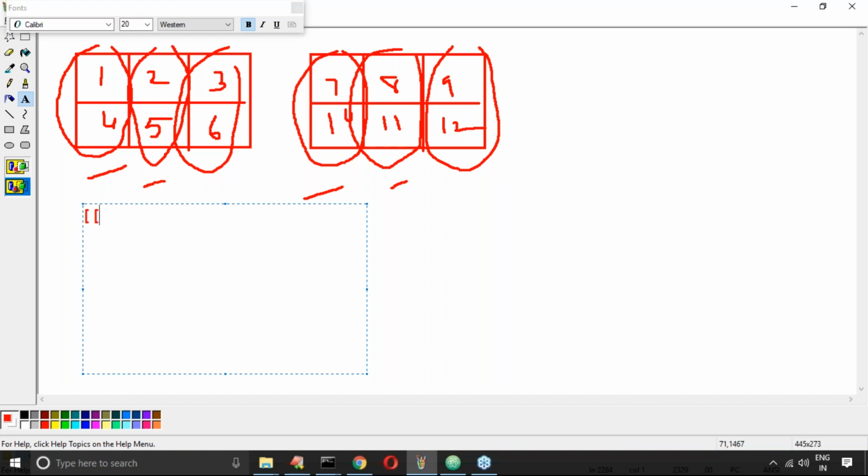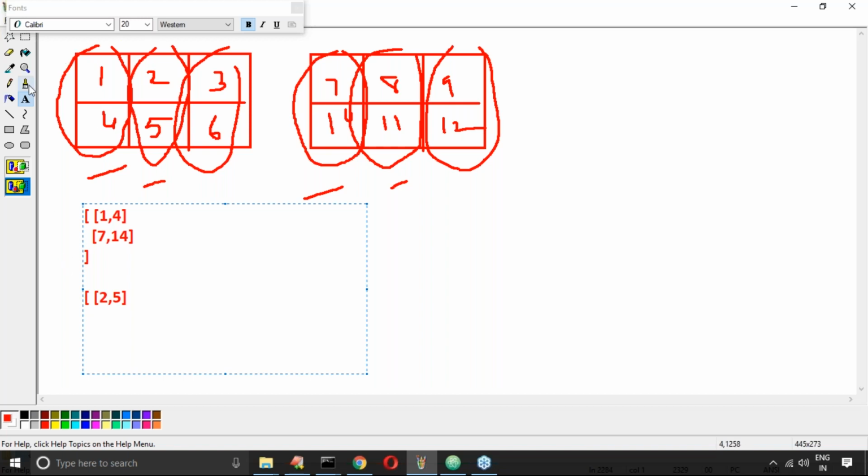Now the first 2D array: 1, 4, 7, 10. Now this is the first 2D array: 1, 4, 7, 10. Next 2D array: 2, 5, 8, 11. The second column in the first matrix will become like 7, 10.